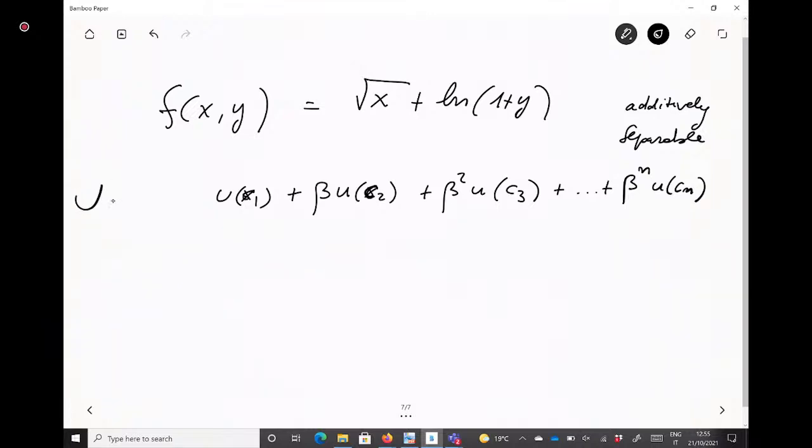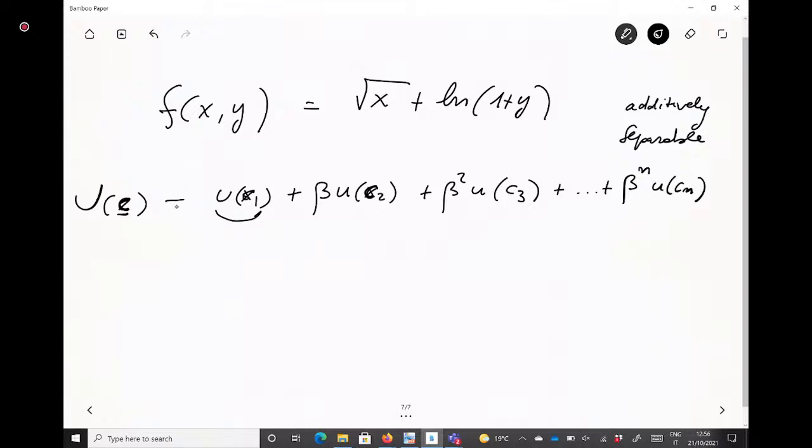And this is capital U of c, where c is a vector c1, c2, cn. This is a function of n variables. In most common models, this u is a concave function, for instance, a utility function. And this would be the utility from a time horizon of n periods. c1 is the consumption in the first period, c2 is the consumption in the second period, and so on, and cn is the consumption in the last period, okay?